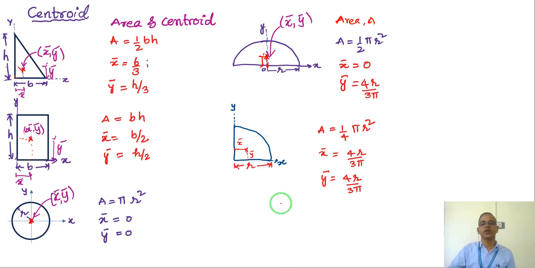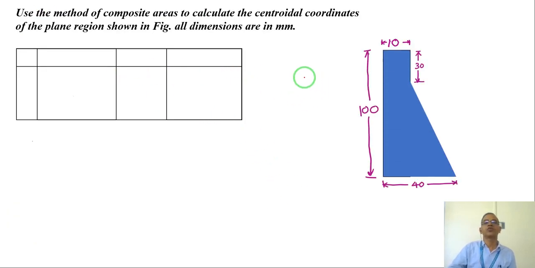So let us look at one composite area, a kind of dam or retaining wall. In order to find the centroid of this particular composite area, this is the cross section area. That dam may have a lot of length perpendicular to the computer screen, right.